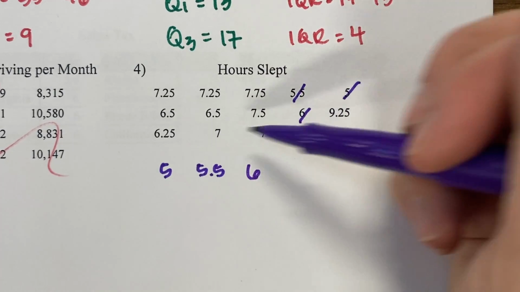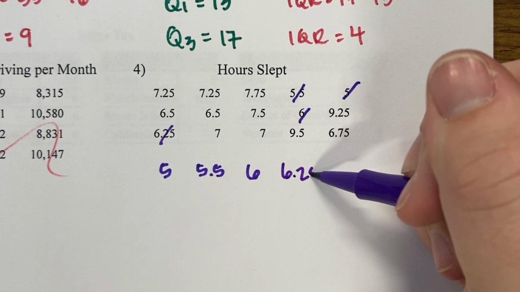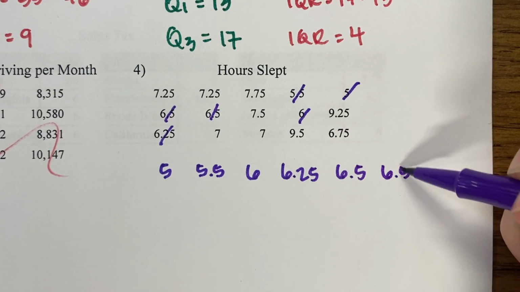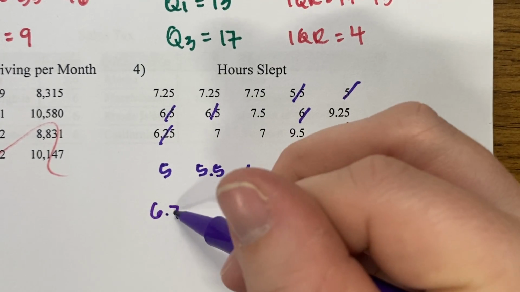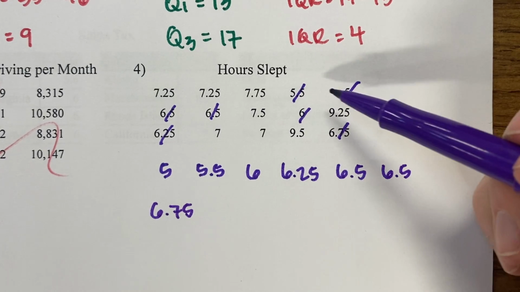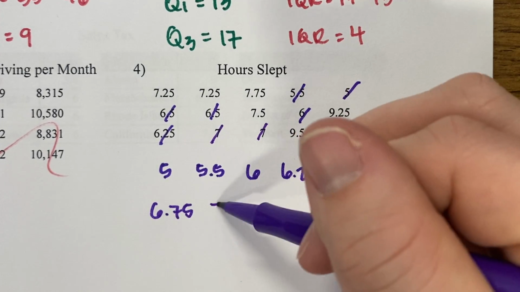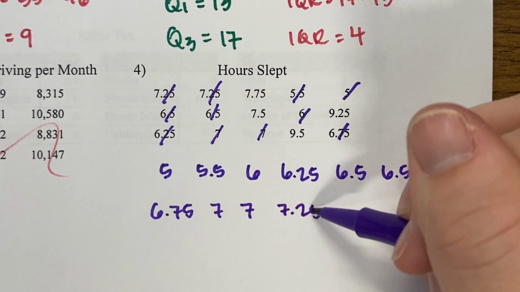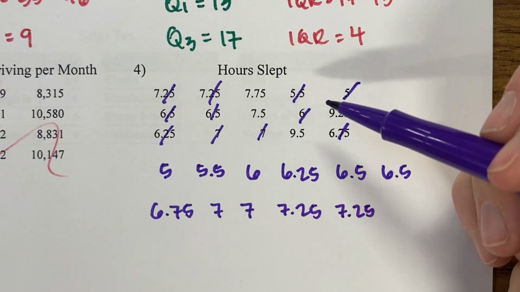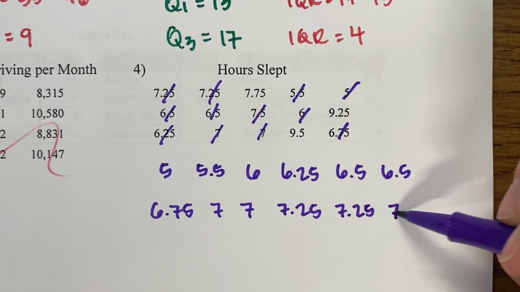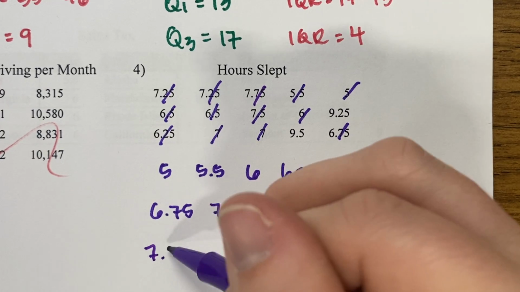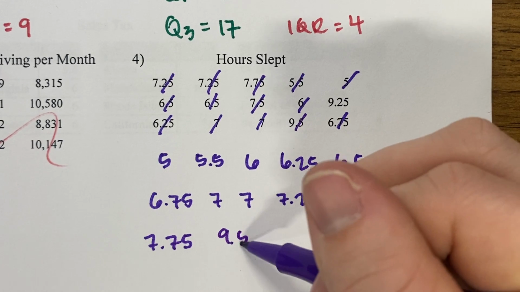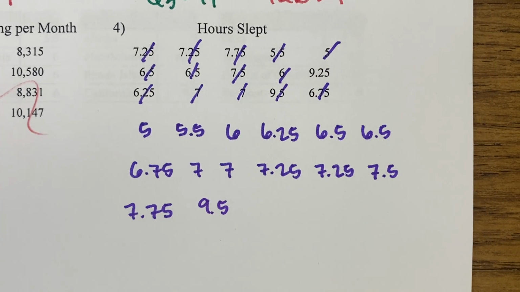Then I have a 6.25, 2 6.5s, a 6.75, and I have 7, 2 7s, 2 7.25s, and I have a 7.5, 7.75, and 9.5. Okay, so they are listed numerically.